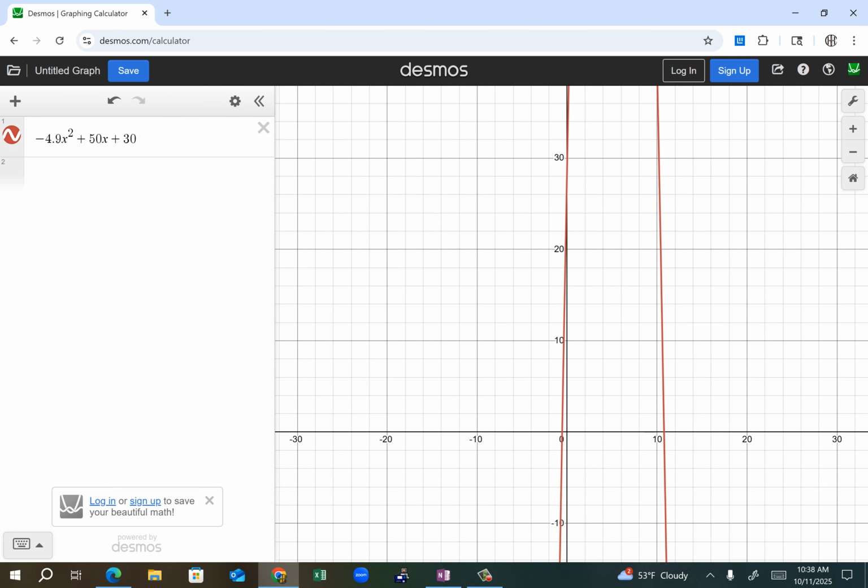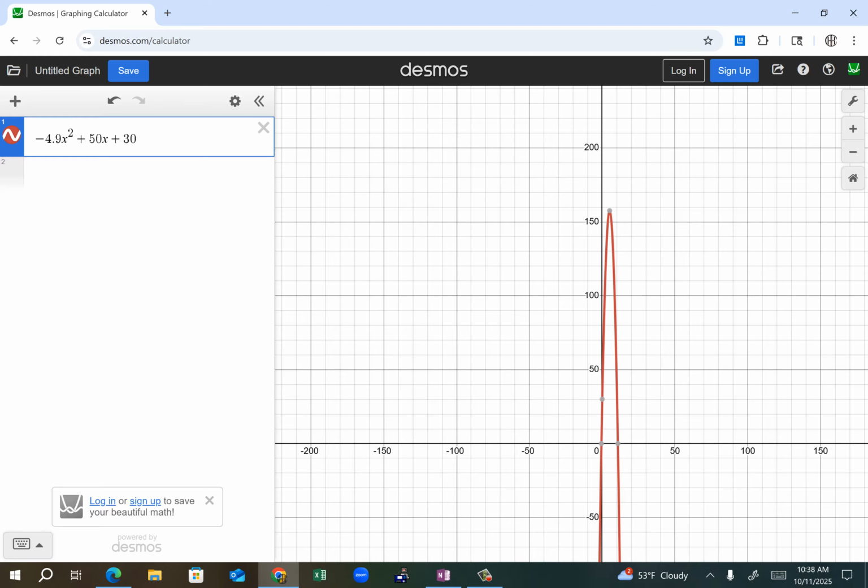Whoa, that went high. Notice it hit the top at 5.1 seconds after we launched. Notice it went 158 meters in the air, roughly.